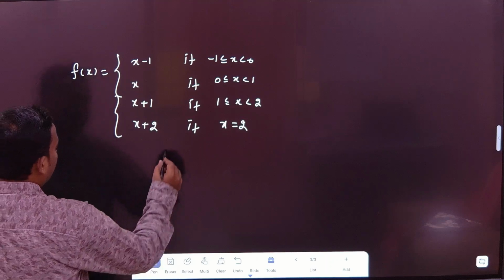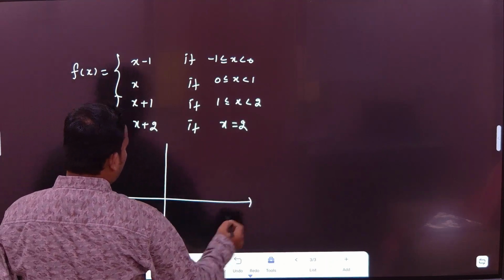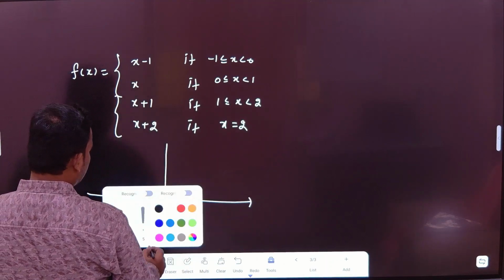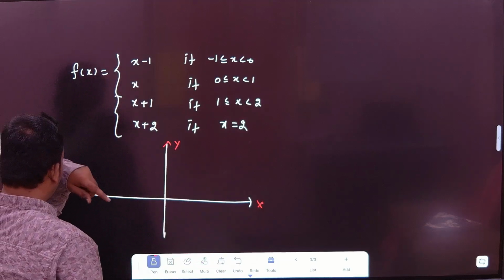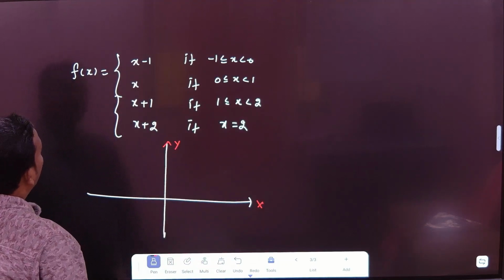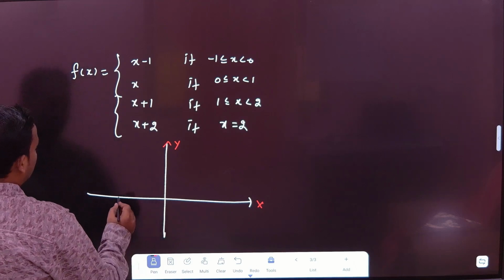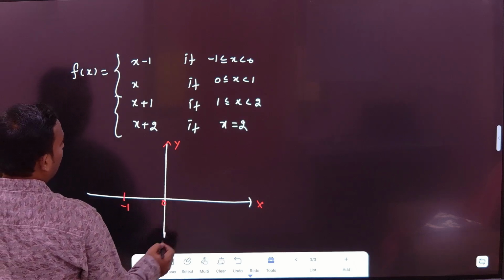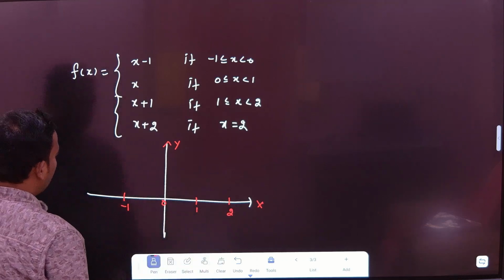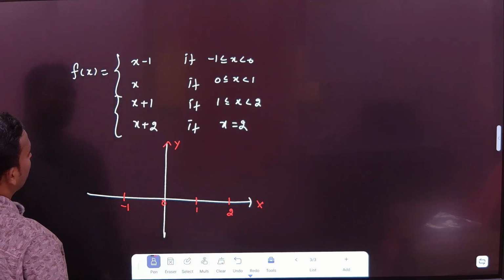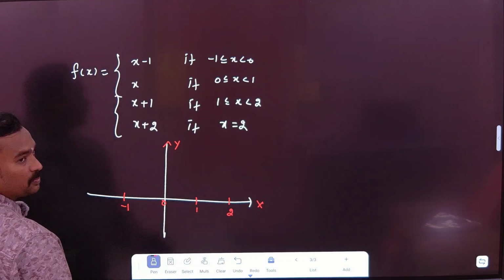How to draw the graph quickly? You can see, student. This is your x-axis and this is your y-axis. Okay. Let's take minus 1 here, this is 0, this is 1, and this is 2. When you take minus 1 to 0, the graph is x minus 1.